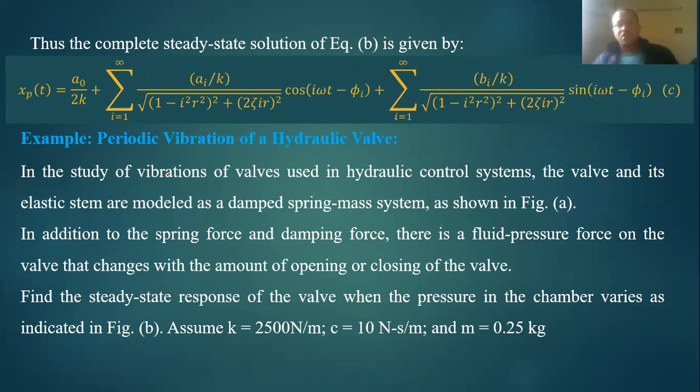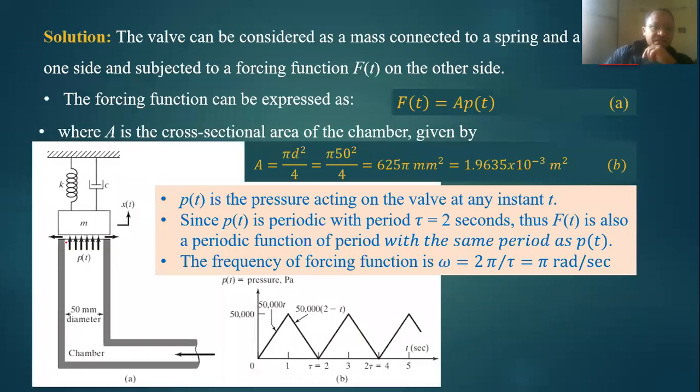In order to understand this equation clearly, let's take one example, the periodic vibration of a hydraulic valve. I mentioned this in the earlier discussion. Here there is a channel or chamber, a pressure chamber. There is a pressure applied from this mass to here, and the diameter of the chamber is given as 50 millimeter.